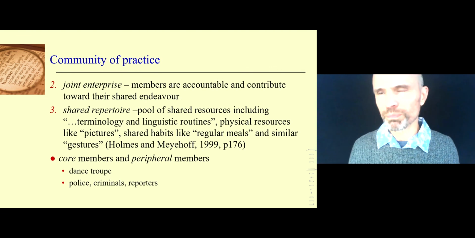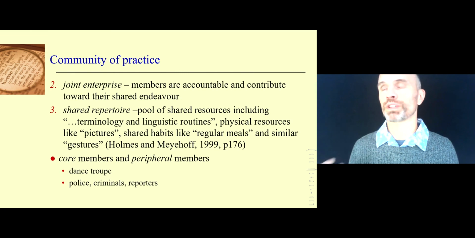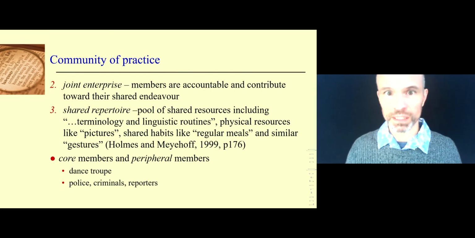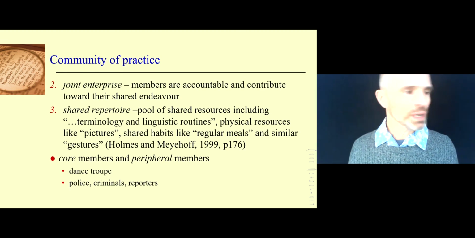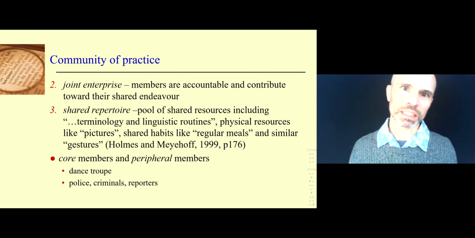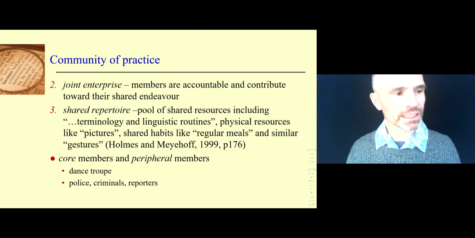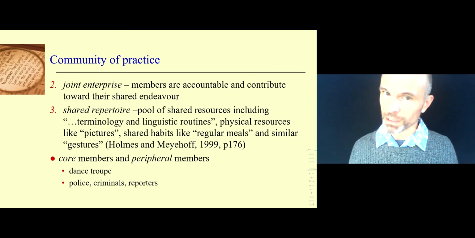They have to believably behave and talk like police in order for you to suspend disbelief and join in the process of enjoying the drama. But then the criminals and the reporters, they're not core members of the police community, but they are peripheral members. They understand a lot about police, about the way police officers act, about the way police officers talk, in order to integrate themselves with the police.